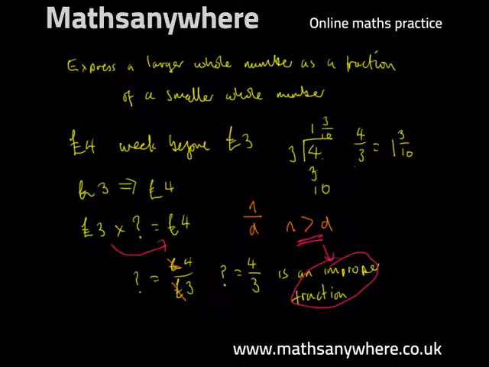Or we could have carried on doing our division here, dividing 3 into 10, which would have given us a decimal.